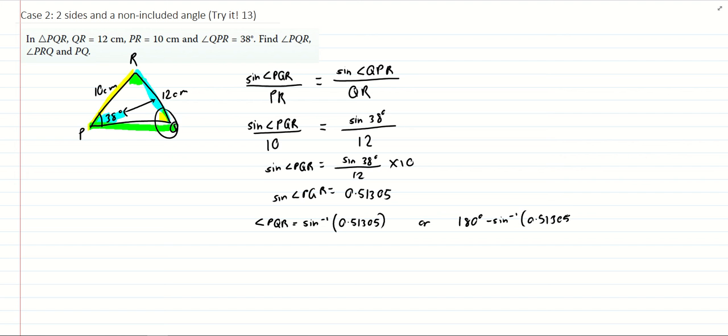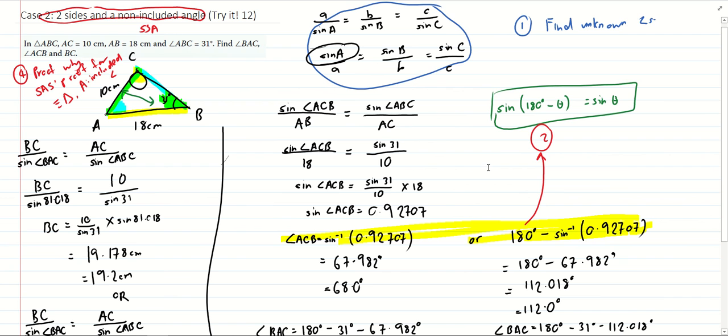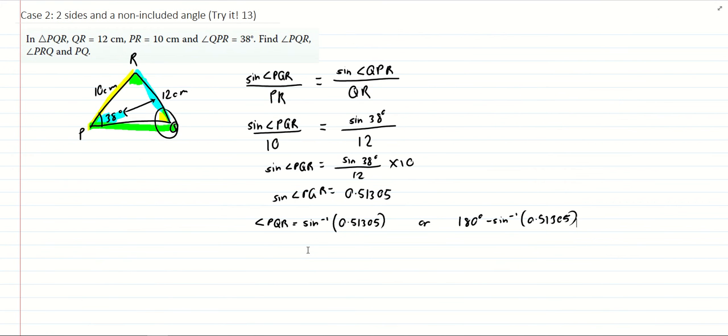And you realize that this is actually the same exact set of workings as the steps that we did in Try 12. Sine ratio, substituting numbers, find the five significant figures, then solve for the angle itself and the two cases. So it's actually the same thing over here.